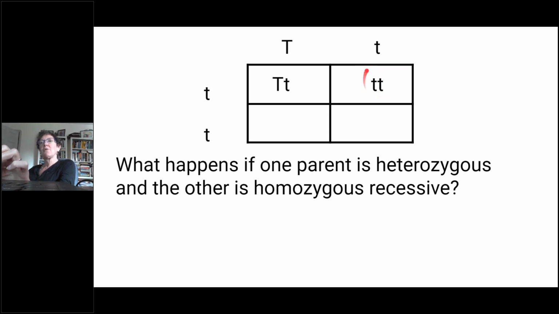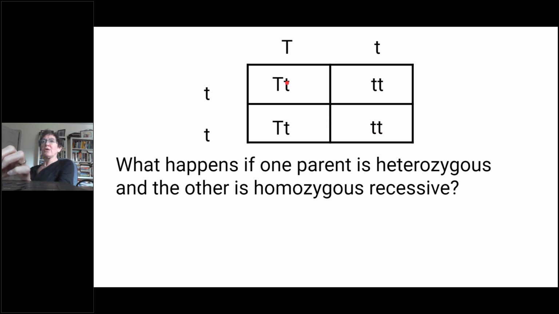Lowercase t, 2 recessive genes. This one looks familiar, capital T, lowercase t, and this one is going to be two more recessive genes. Well, if there is no dominant, capital T, straight thumb gene in this offspring, what will they look like? Their phenotype will be a hitchhiker's thumb.